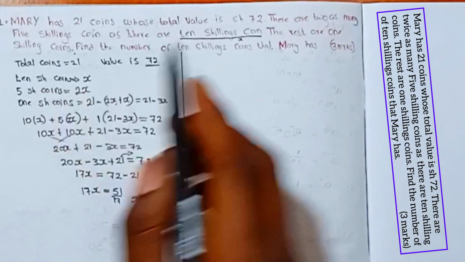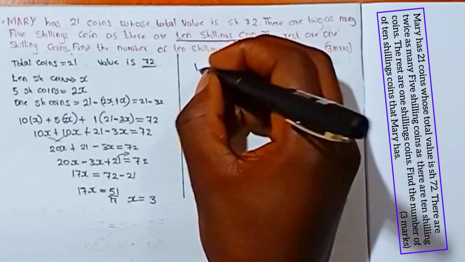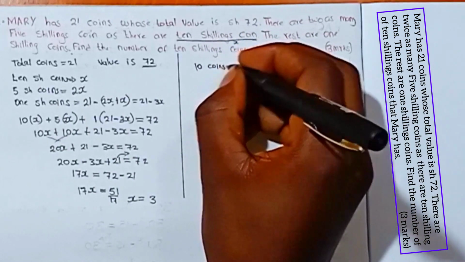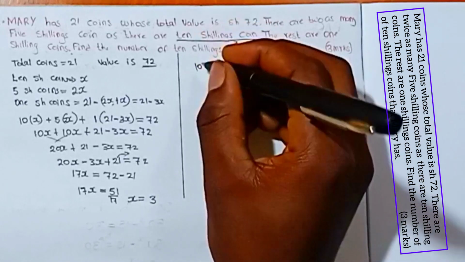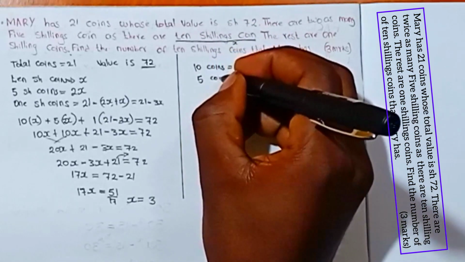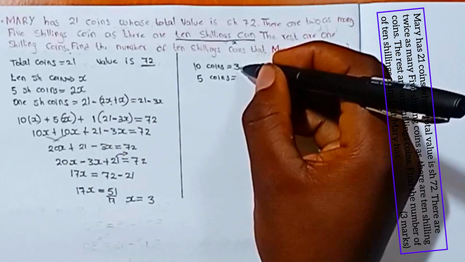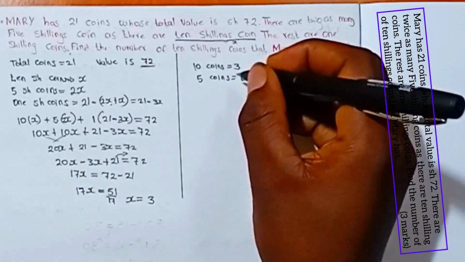So the 10 shilling coins equal 3. And the 5 shilling coins equal 2x, so it is 3 times 2, which equals 6.